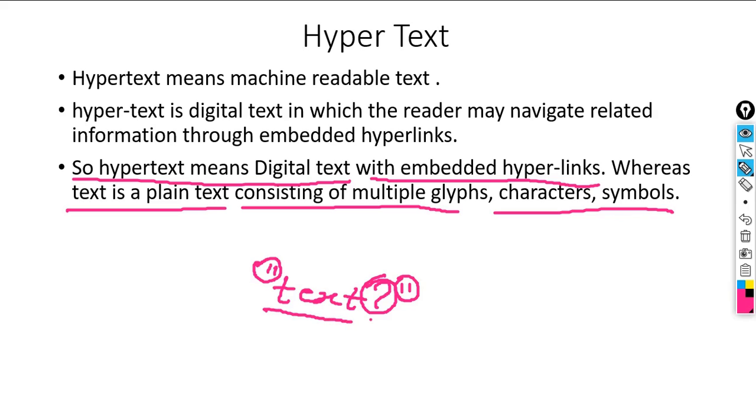This complete thing is nothing but a set of characters and symbols. Symbols are also nothing but characters only. So a set of characters is nothing but text, or we can say plain text.